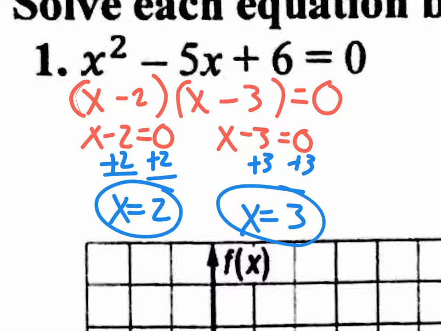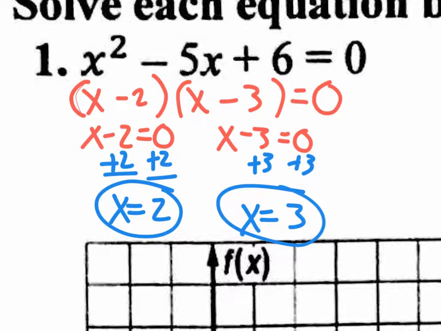Are you with me? So that was the old method of solving by factoring and then using the zero product property to solve by splitting and solving. That is the best method on solving quadratic equations, if they're factorable.